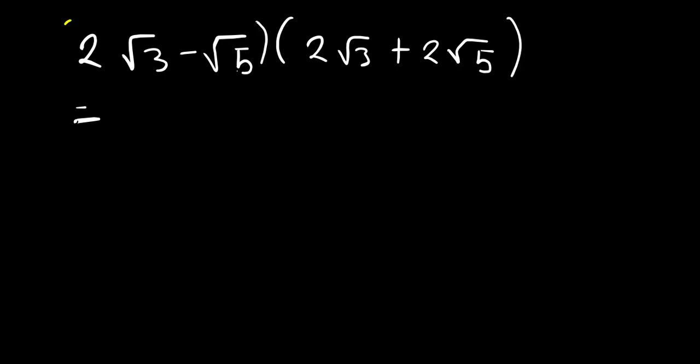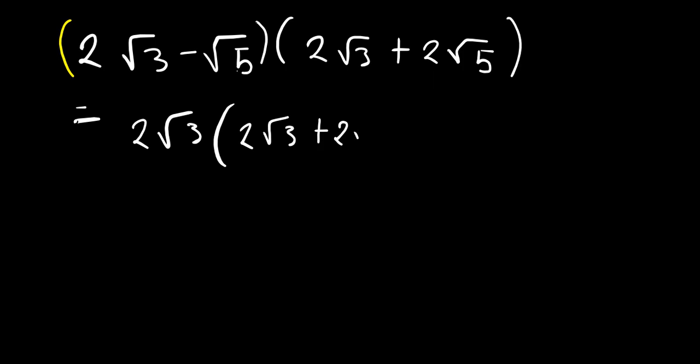Okay, we're saying this is closed. So you have your 2 root 3 multiplying by everything that is in the brackets here, so it's multiplying by 2 root 3 plus 2 root 5.